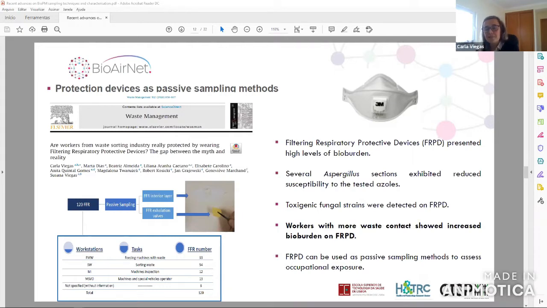These devices present high levels of bioburden, and several Aspergillus sections with reduced susceptibility to the tested azoles and toxigenic fungal strains were observed. We also observed that workers with more waste contact show increased bioburden on these devices, and concluded about the adequacy of using them as passive sampling methods to assess occupational exposure.